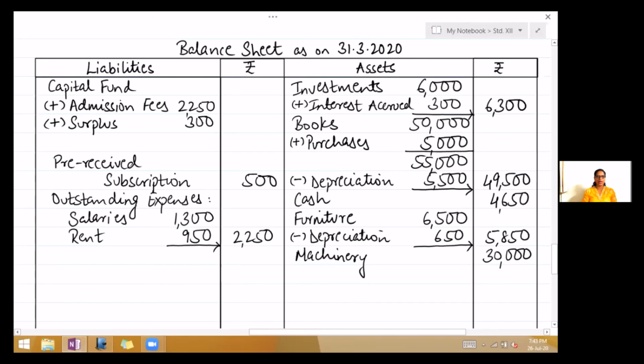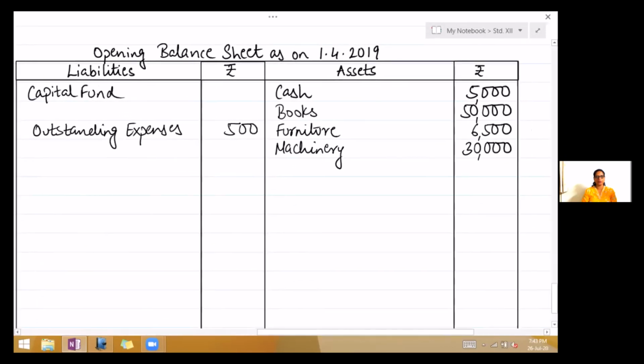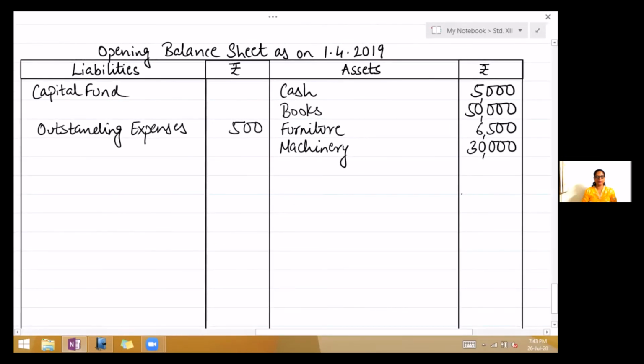Okay, now we don't have capital fund, but we have an opening balance sheet. So look at your opening balance sheet. Okay, take the total of the asset side. You will close the opening balance sheet and find out capital fund. Add up the assets. It's 91,500. So write it on the liability side, 91,500. From that, you will subtract the outstanding expenses.